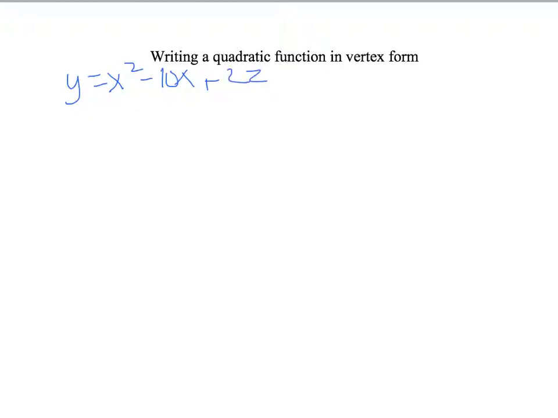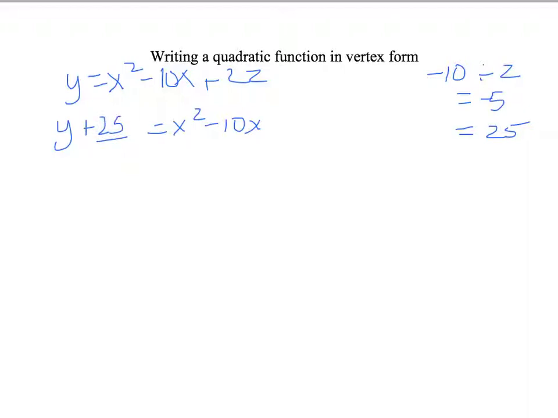I'm going to rewrite this as y plus something equals x squared minus 10x, and then negative 10 is our b, divide it by 2, gives me negative 5, I square that, and I get 25. So add 25 here, so there's our perfect square trinomial, plus 22.